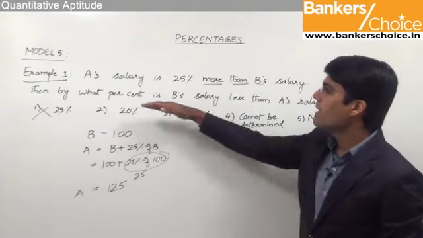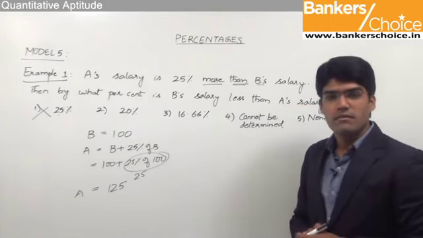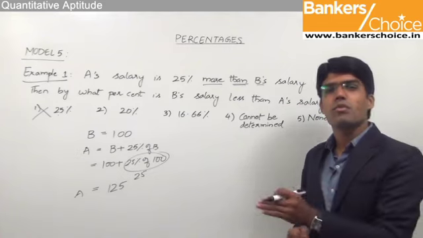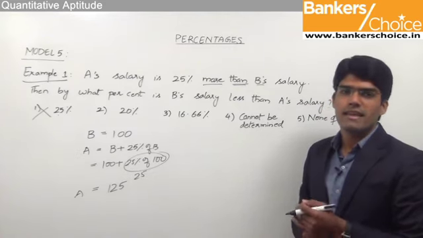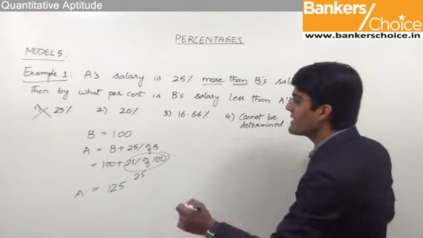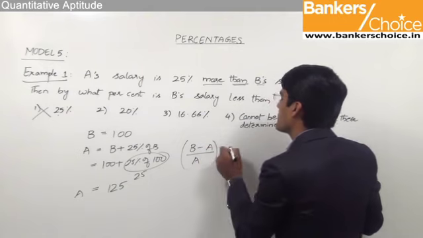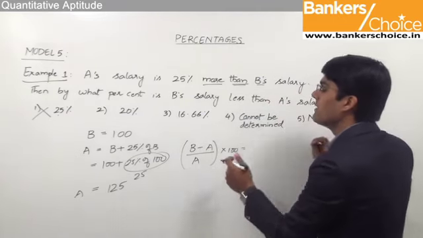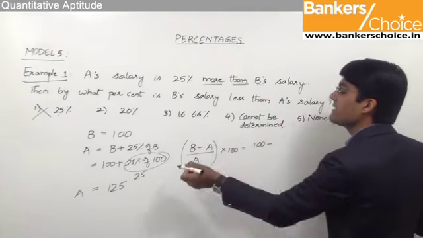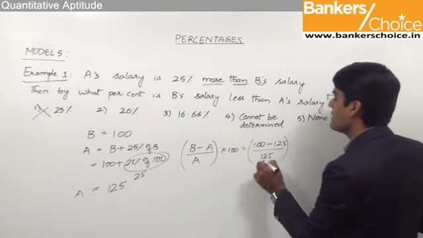And the question is, by what percent is B's salary less than A's salary? We know that x is what percent more or less than y should be taken as (x minus y) by y into 100. So B is what percent less than A should be taken as (B minus A) by A into 100. So this will be equal to B, which is 100, minus A 125 divided by A 125 into 100.